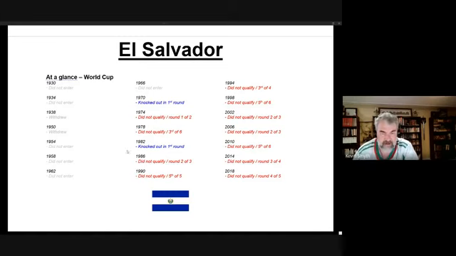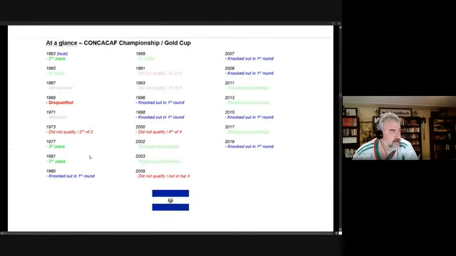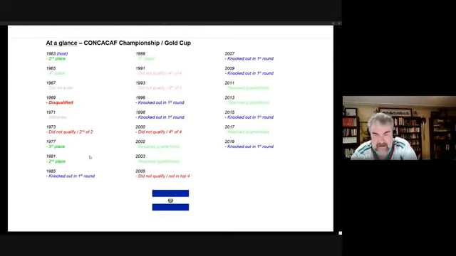In regional competition, they were there from the first edition in 1963. Participation was patchy in the early years, though. They didn't enter the third edition in 1967, were disqualified in 1969, and withdrew in 1971. However, their participation, like the World Cup, has been consistent since that time.